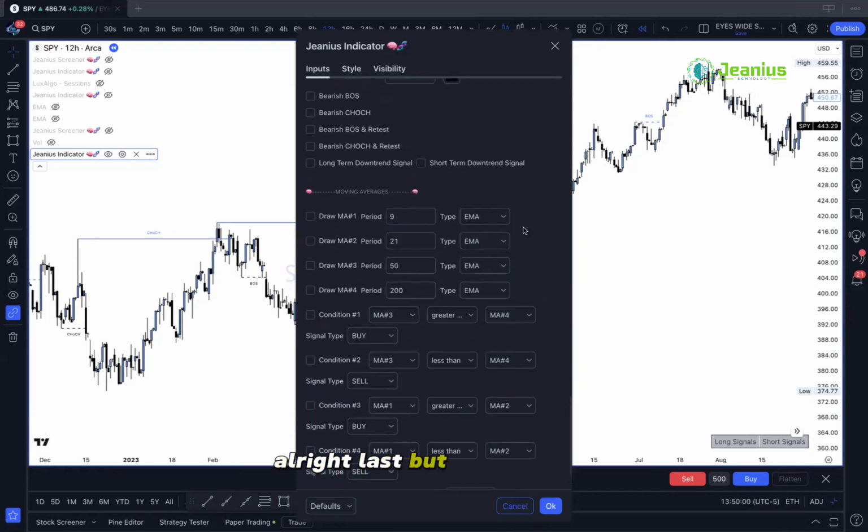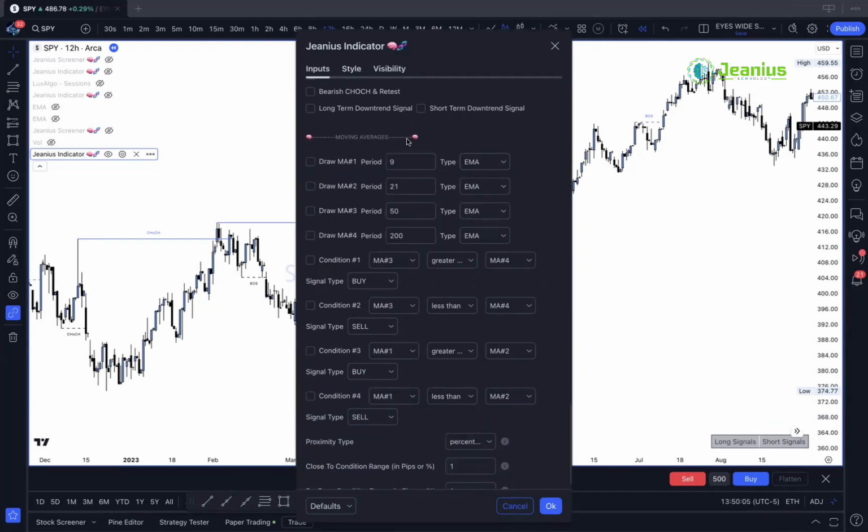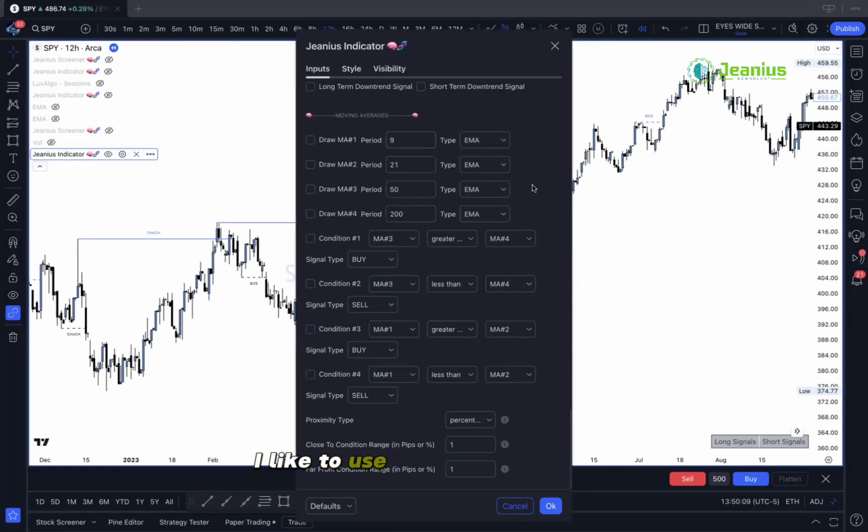All right, last but not least, you have the moving averages area. This is an area that I love because I like to use moving averages as reference points, if you will, when it comes to overall trends.